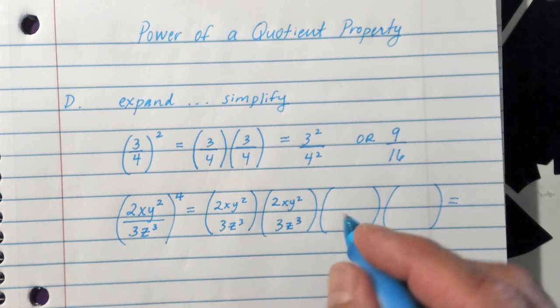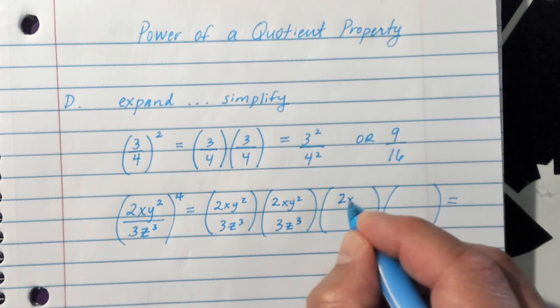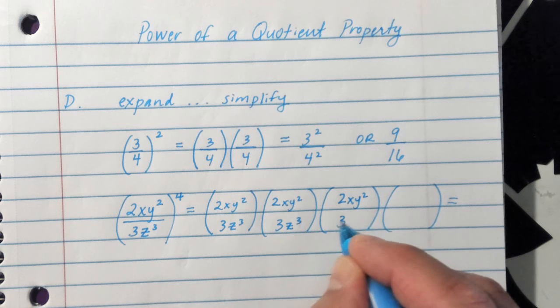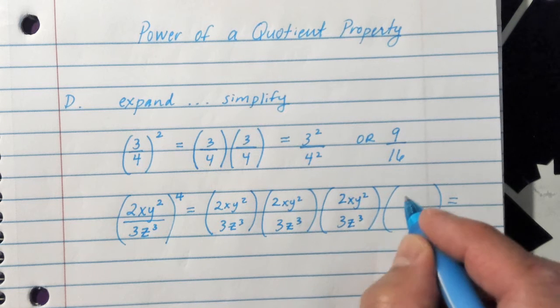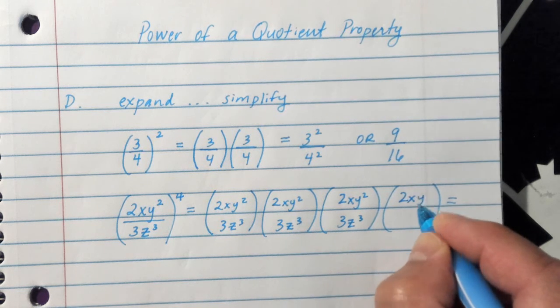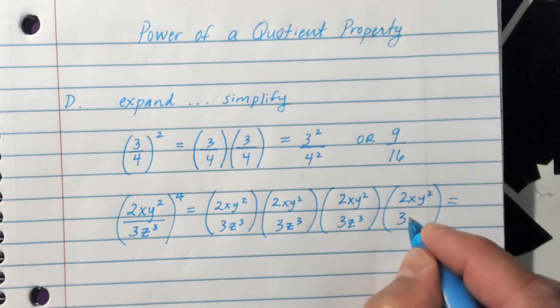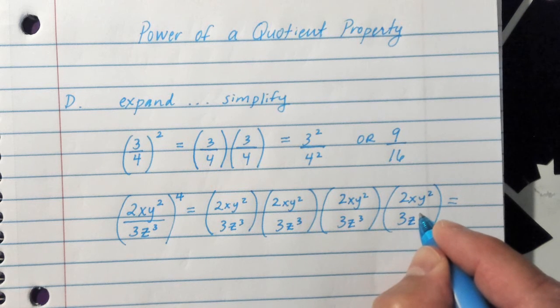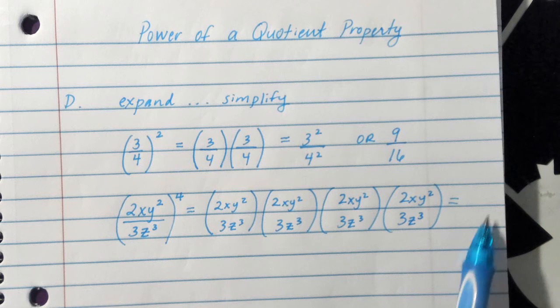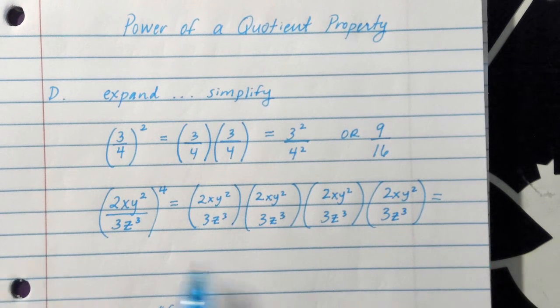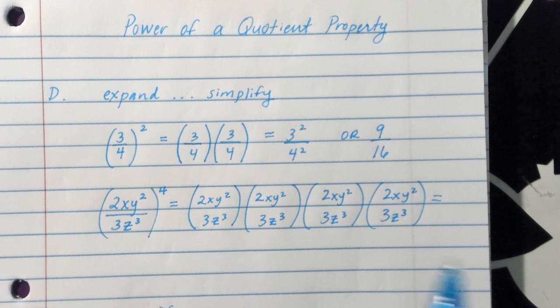By the way, there's nothing this hard on the actual assignment. So if this makes sense, then you're going to be in great shape for the assignment. Okay. And if I run out of room, I don't know what I'm going to do. Alright, so here we go.